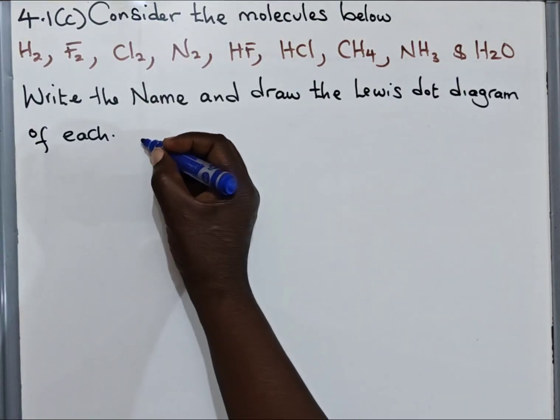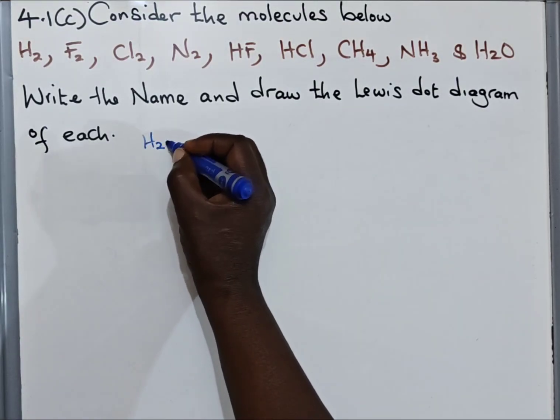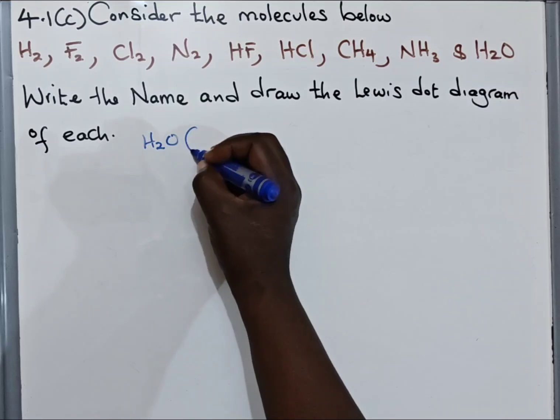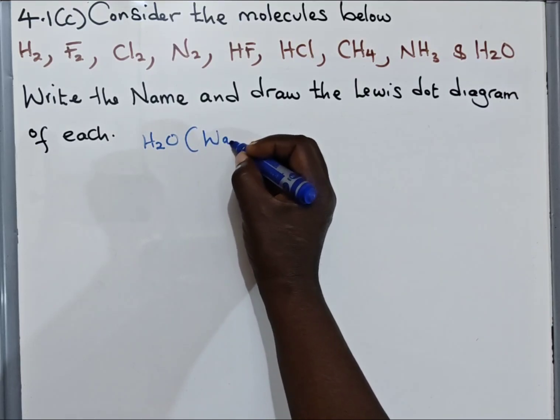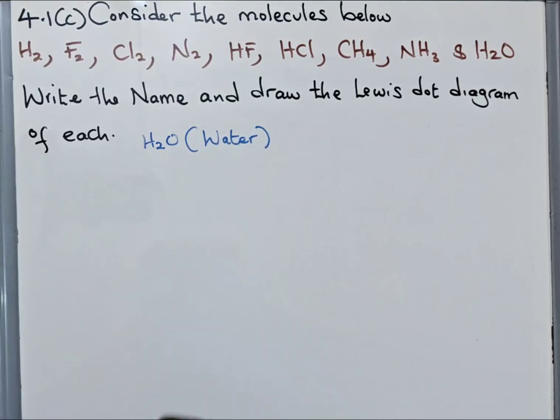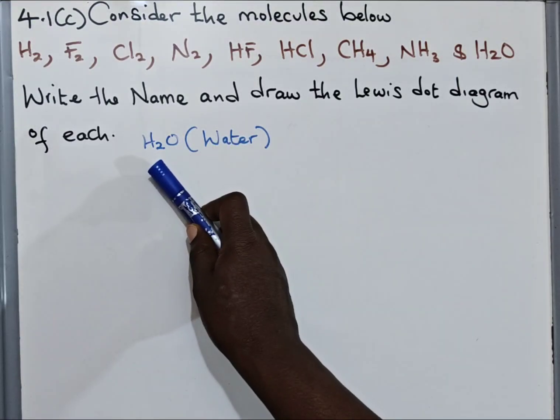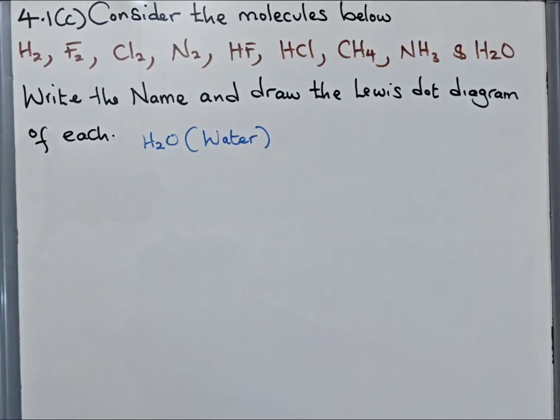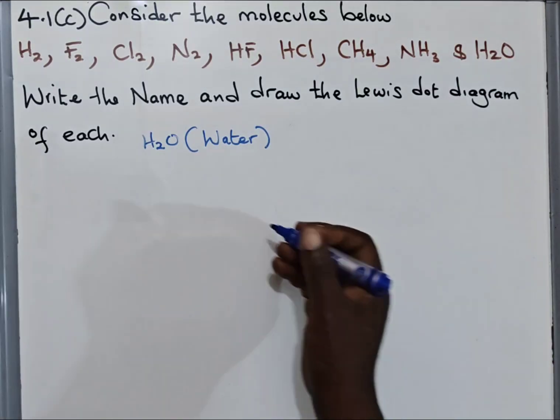Yeah, what is H2O? Yeah, this is water. And when you look at water, what do you see? We have 2 hydrogen atoms attached to oxygen. This implies that oxygen is the central atom.